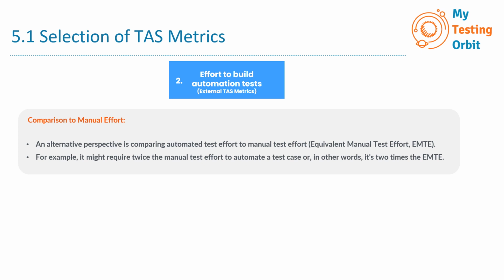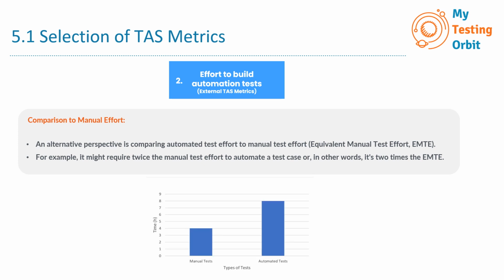Okay, so let's try to understand it with an example. So let's say you have a test case for a software application that takes a skilled tester 4 hours to perform manually, as shown in this bar chart. This 4-hour effort is what we call the EMTE, or equivalent manual test effort.